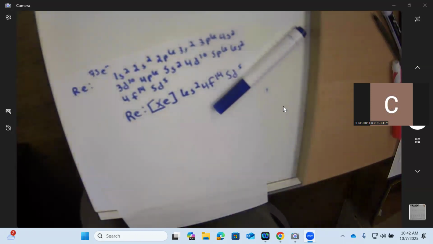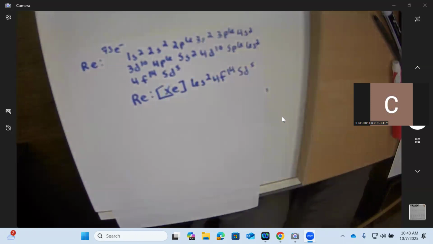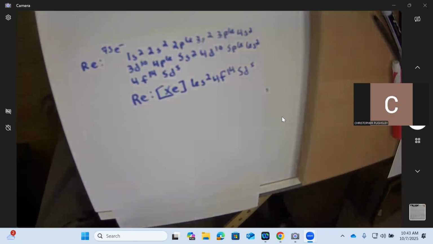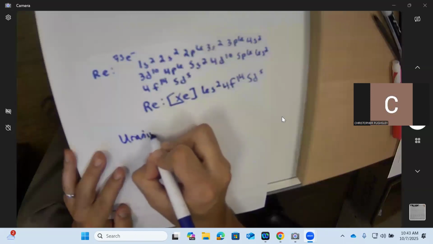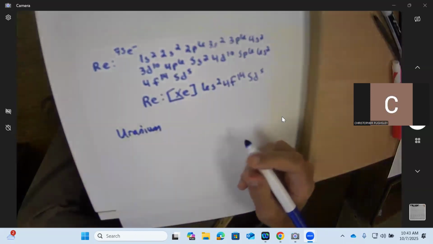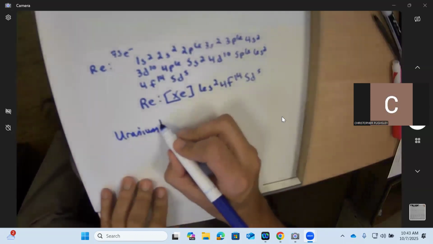We're going to do uranium. You're going to do uranium's electron configuration.